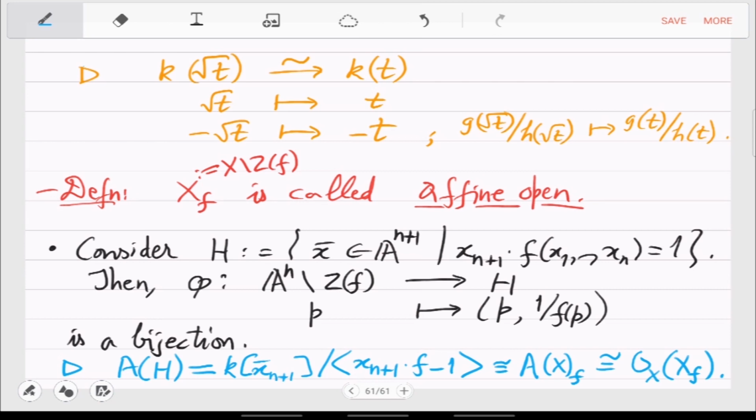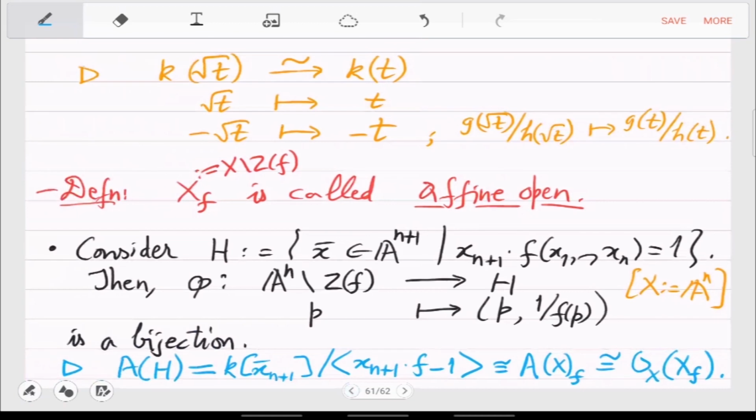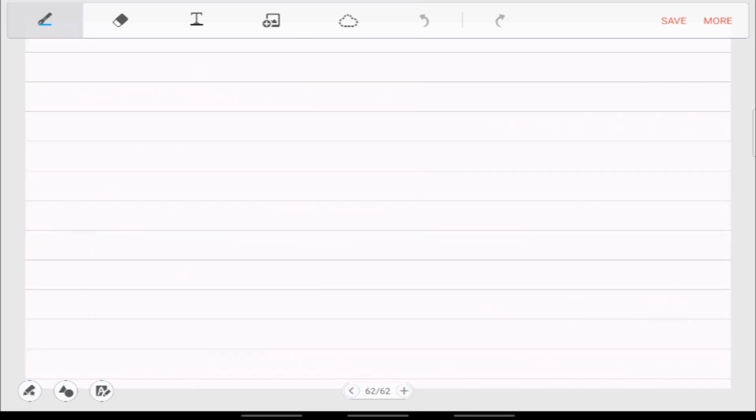I guess I have set in this example X to be A^n. It's an example for the whole affine space, but you can do the same thing for any variety. Okay, any questions? So this was just the definition of the same thing, the X_f, just viewed differently.